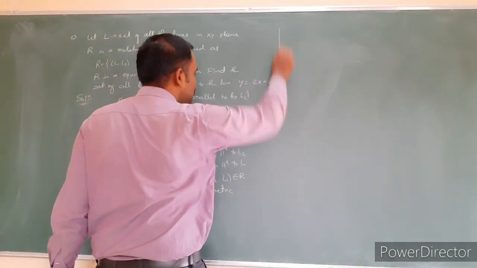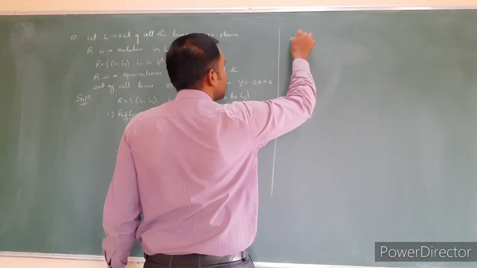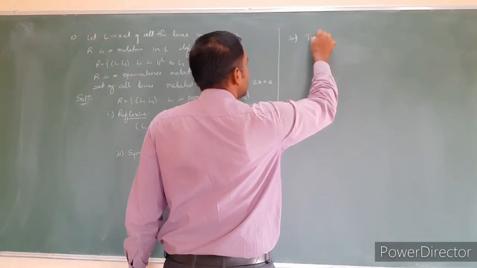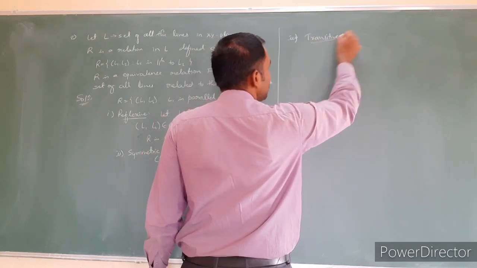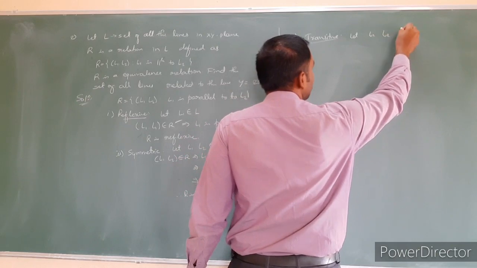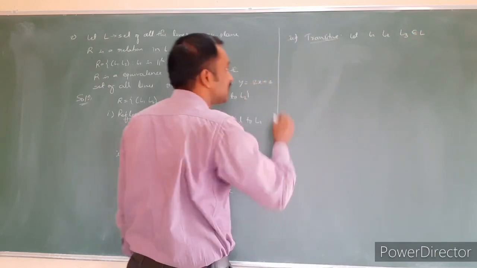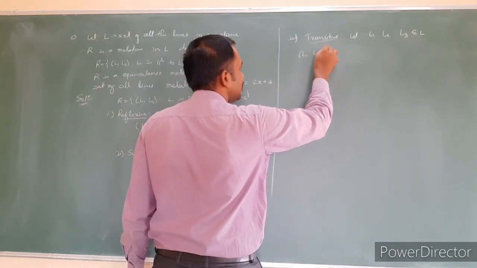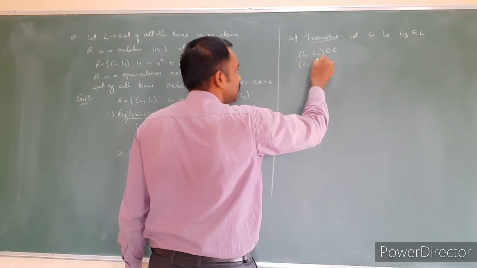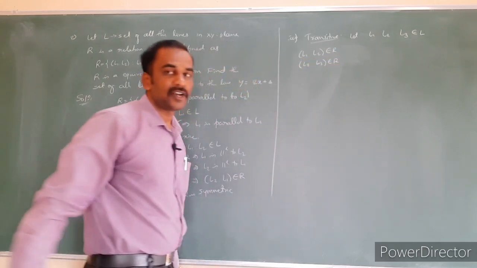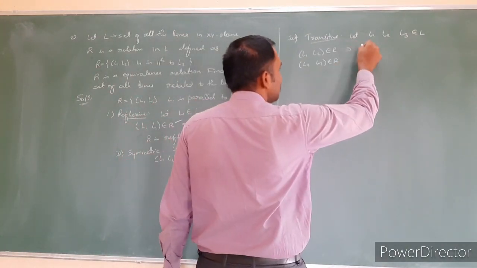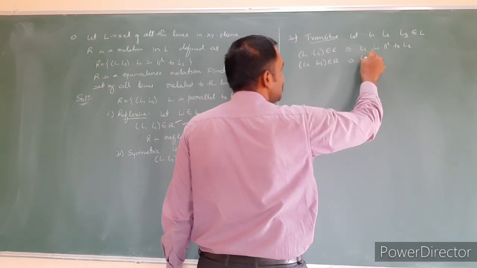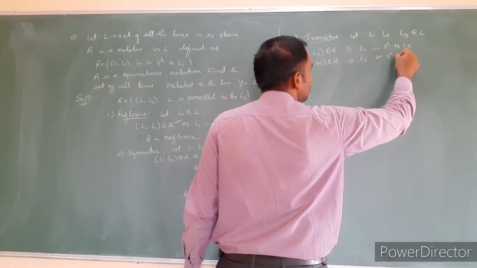Next, the third case: transitive. To discuss transitive, we have to take three elements. Consider three lines L1, L2 and L3 belonging to the given set L. Choose two ordered pairs already present in the relation R: (L1, L2) is present in R and (L2, L3) is present in R. (L1, L2) in R means L1 is parallel to L2, and (L2, L3) means L2 is parallel to L3.